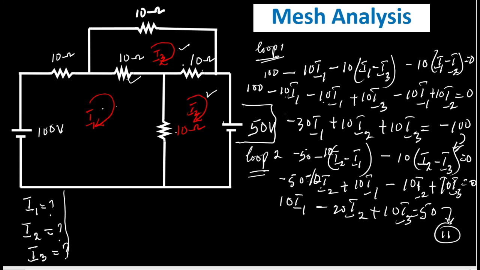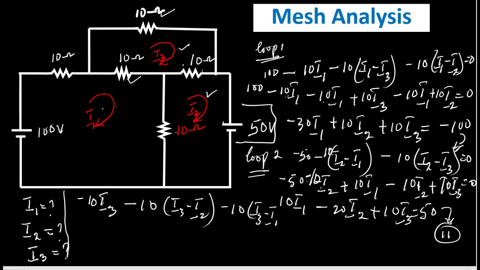Now, let's look at loop 3, the last loop. For loop 3, I prefer to start with this 10 ohm resistor here, so I'll have minus 10 I3. The next 10 ohm resistor is between I3 and I2: minus 10 (I3 minus I2), then minus 10 (I3 minus I1) equals 0.